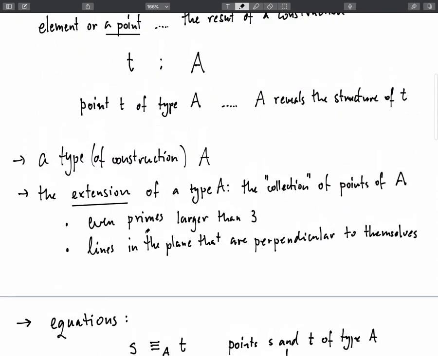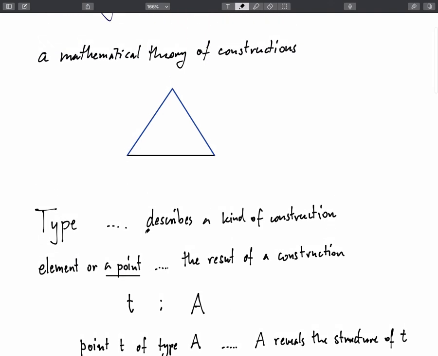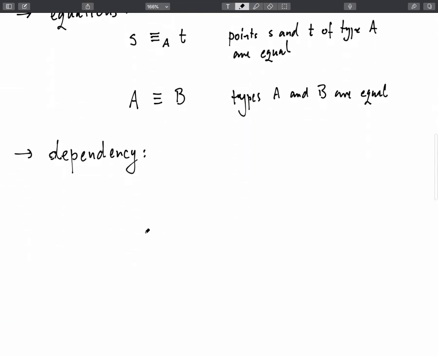Even proposition 1 from Euclid does not just say construct an equilateral triangle. It says construct an equilateral triangle depending on the segment that I give you. It's a dependent construction. I give you the segment, you give me the triangle on that segment. And this is something that happens everywhere, all the time in mathematics.